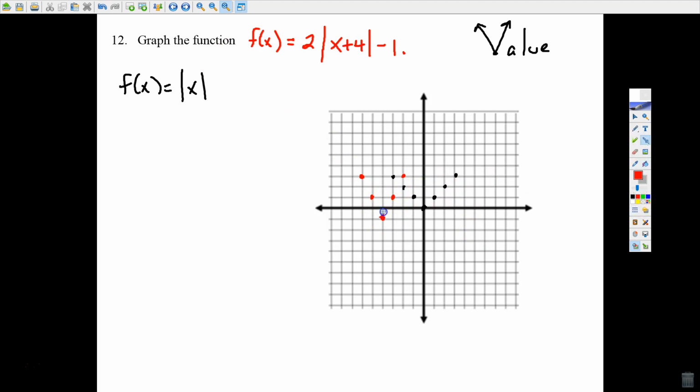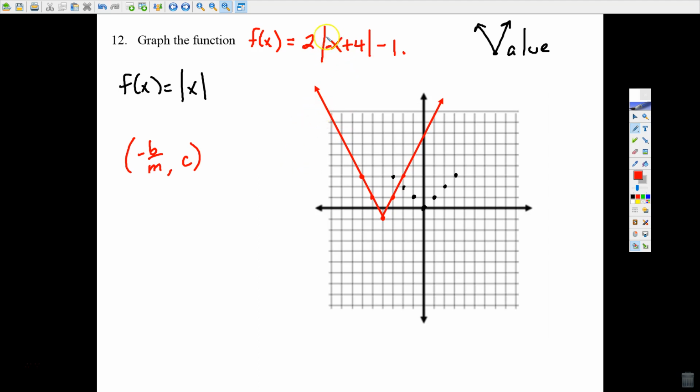Now you could have also, if you forget this, you're always okay to find the vertex using opposite of b over m, comma c. I just used the translation or transformation of the parent in this case because I noticed that I truly do have the parent. There's a coefficient of 1 in front of x.